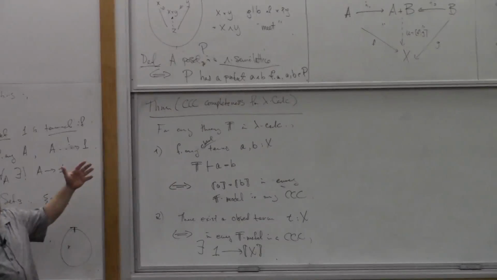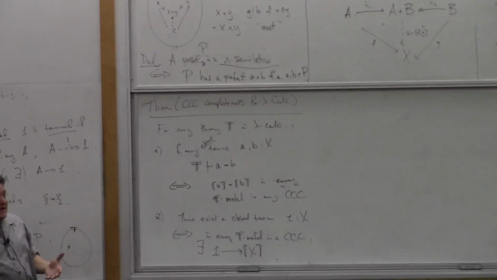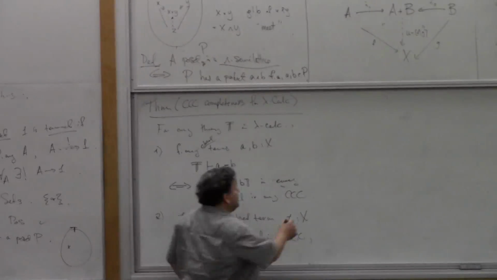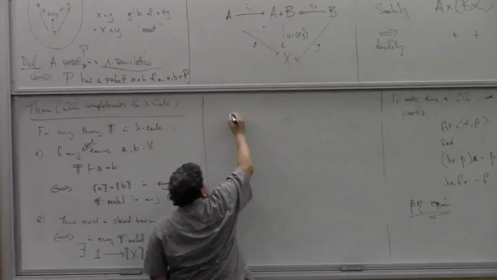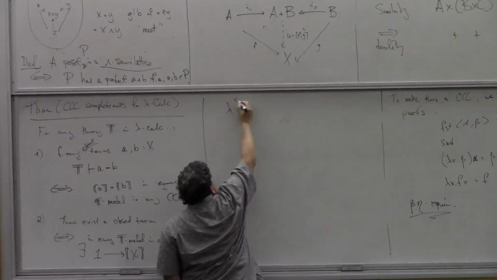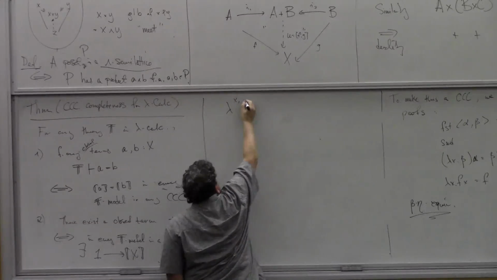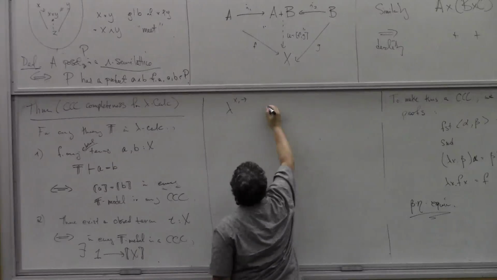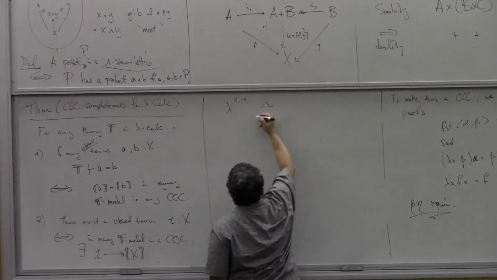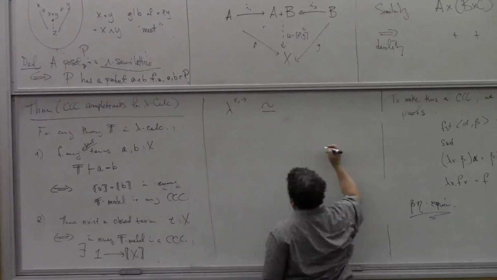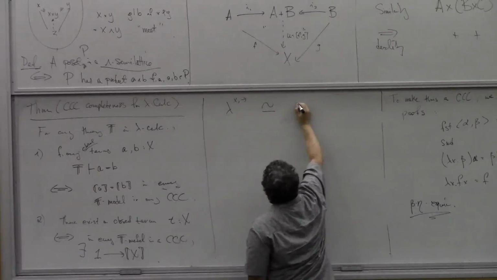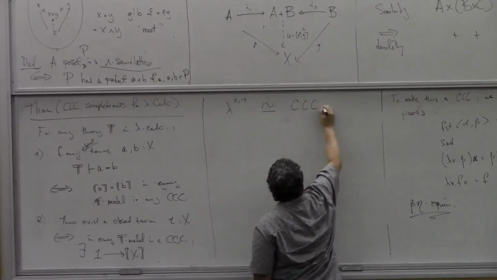So what this tells us really is that the lambda calculus, at least with the simply typed with products and function types, is really equivalent in a sense that, if I had more time, I could make precise as an equivalence of categories to the notion of Cartesian closed category.